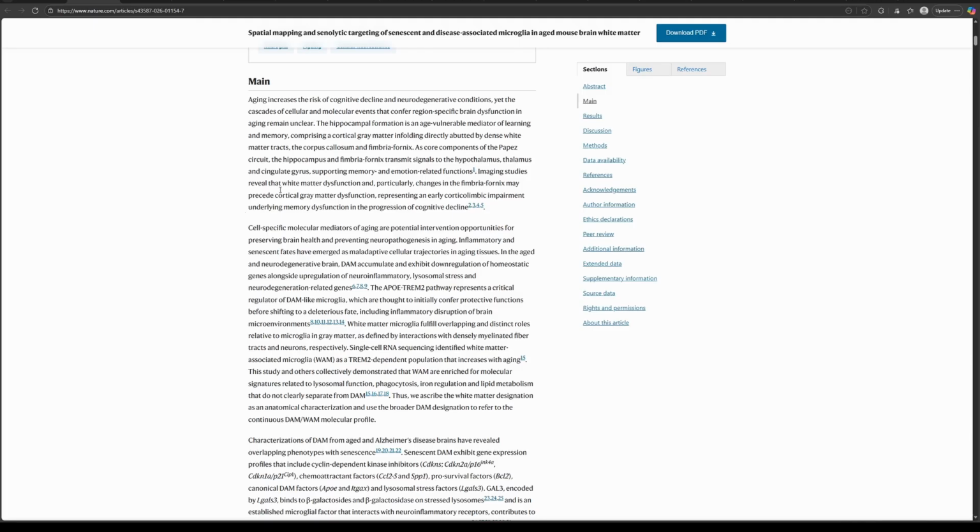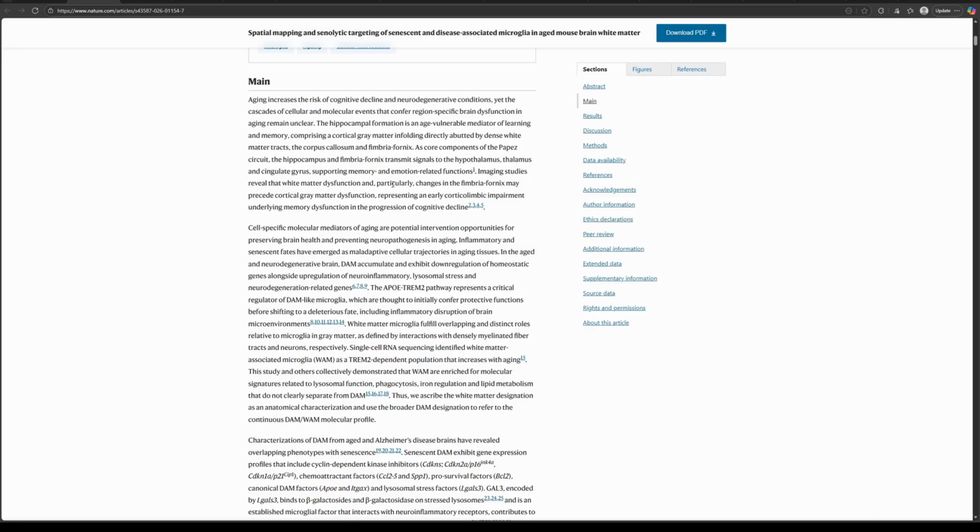Imaging studies reveal that white matter dysfunction, and particularly changes in the fimbria fornix, may precede cortical gray matter dysfunction. So this change in microglia may precede changes in gray matter, which can cause dysfunction, or disease, or illness, or inflammation, such and such.